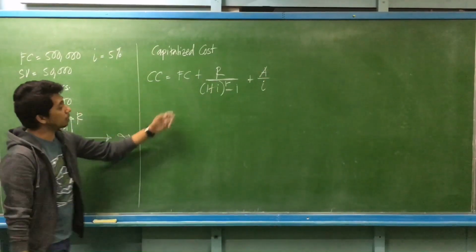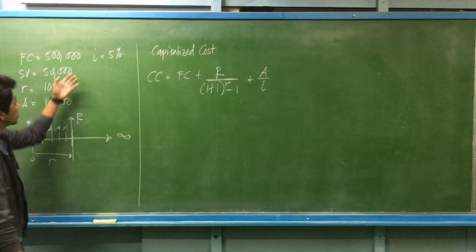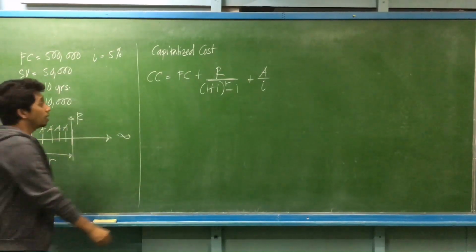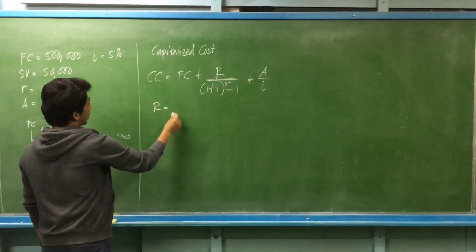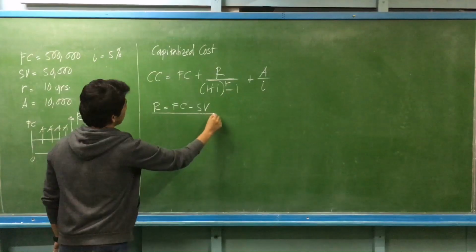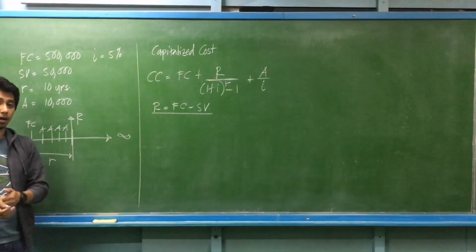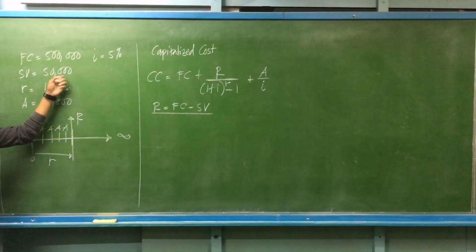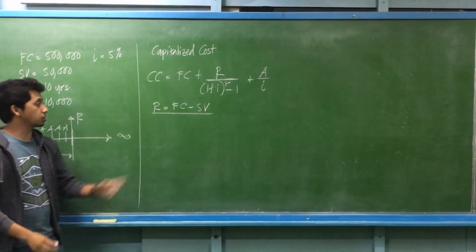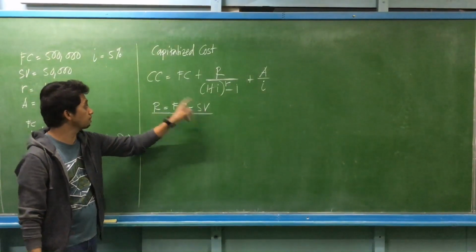Okay, so I think more of direct substitution lang tayo. In most cases, kapag given yung salvage value, makuha natin yung first cost minus the salvage value. Di ba kasi kung yung lumang equipment, ibebenta mo ng 50,000, magkano na lang yung kailangan mo para makabili ng panibago? So that's the difference of the first cost, salvage value.